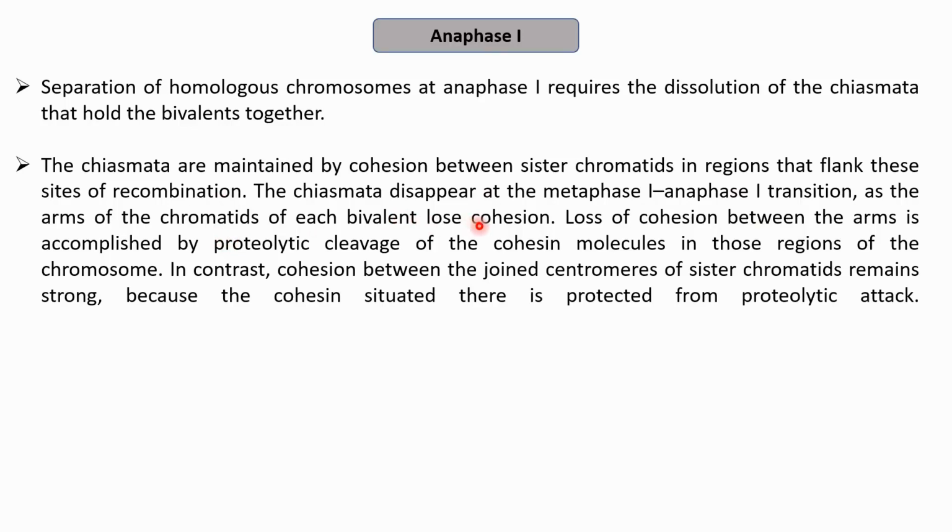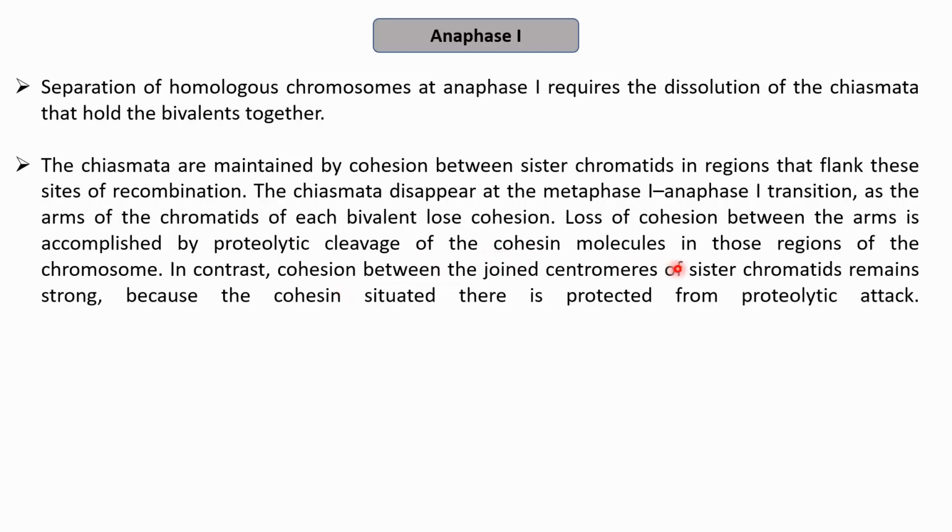This loss of cohesion between the arms, which was keeping the homologous chromosomes together, is accomplished by proteolytic cleavage, that is, cleavage by proteolytic enzymes that cleave proteins.